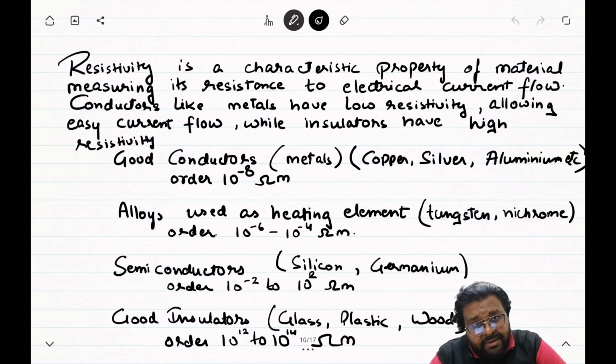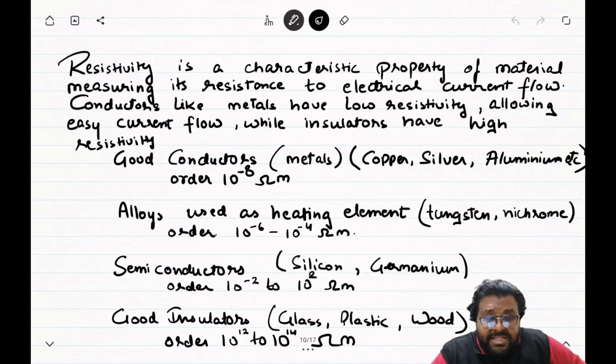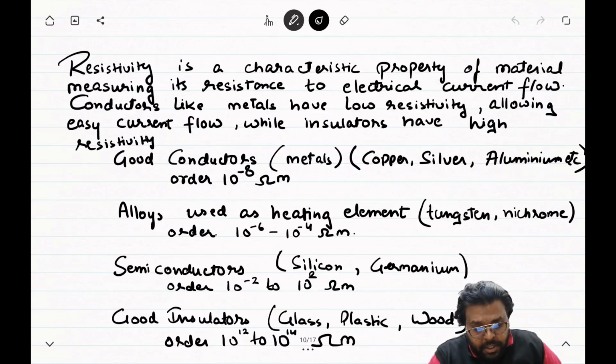Again beyond that they start acting as a conductor, like silicon, germanium, and they have the order 10 to the power minus 2 to 10 to the power 2 ohm meter. That's an approximate order. It's not fixed, but that's an approximate order which you can learn. And talking about good insulators, like wood, plastic, glass, they have the higher order of 10 to the power 12 ohm meter to 10 to the power 14 ohm meter.